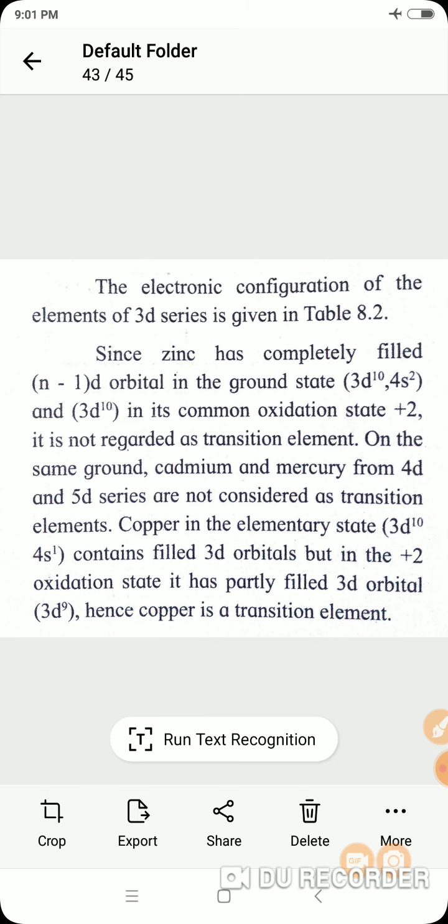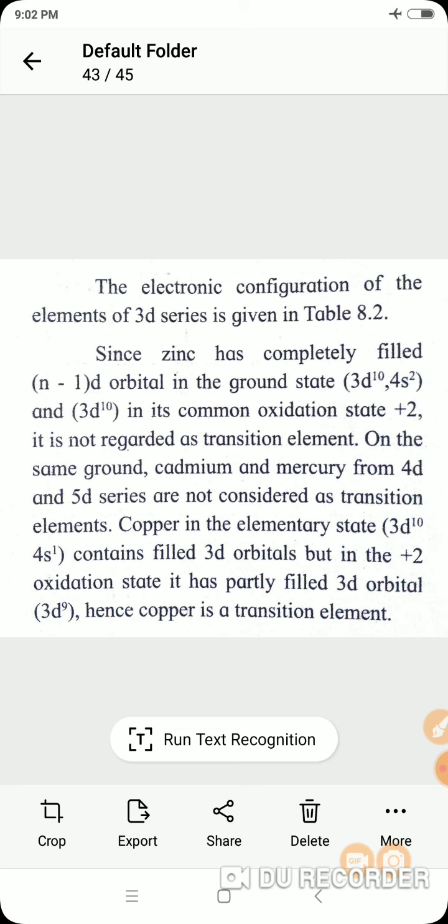When we observe the electronic configuration of all the elements, we see that zinc has a completely filled (n-1)d orbital, that is the 3d orbital, in the ground state, 3d10, 4s2. Zinc also has completely filled 3d10 in its common oxidation state, which is +2.